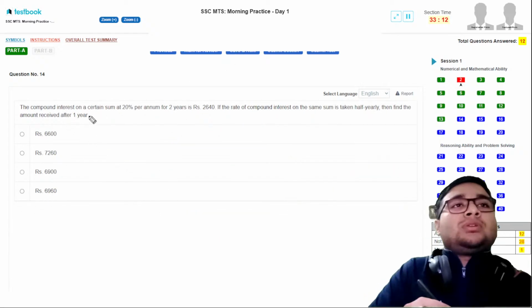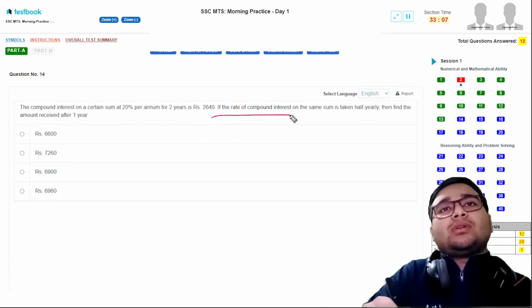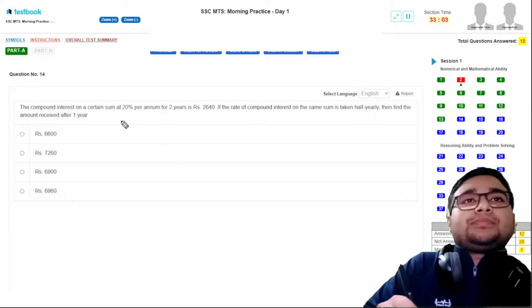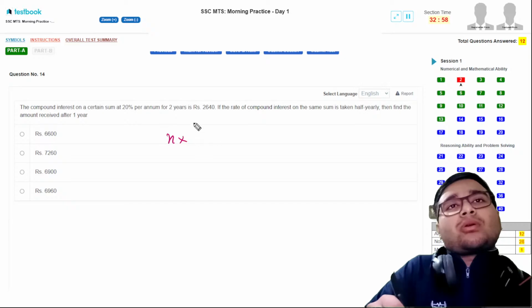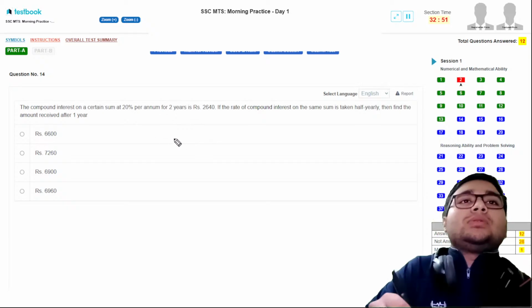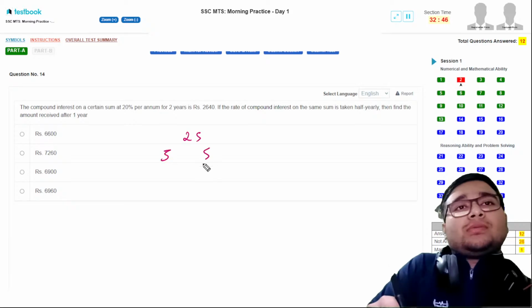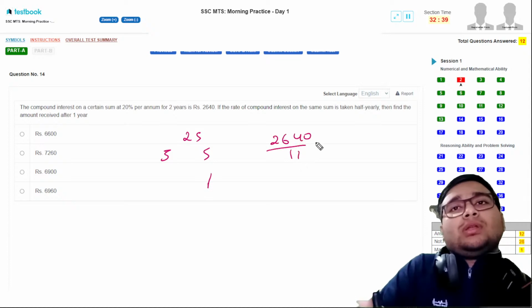The compound interest of a certain sum is at 20% per annum for 2 years. Now the compound interest of the same sum is taken half yearly. Compound interest is 1/5 for 2 years. 26407.